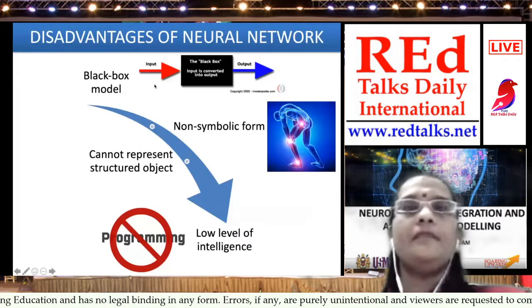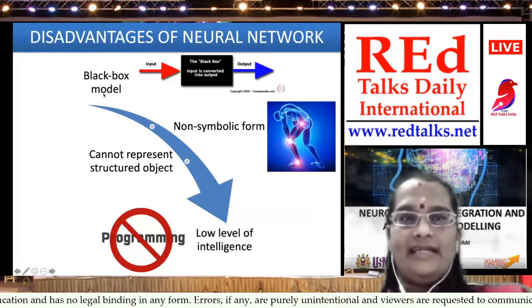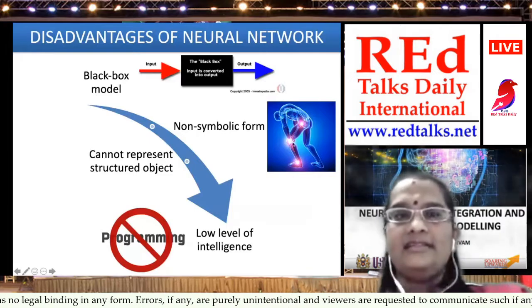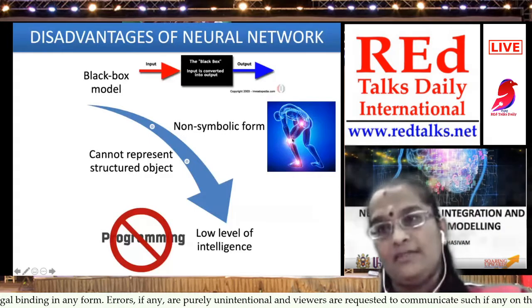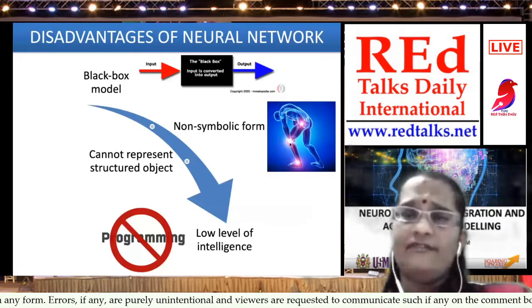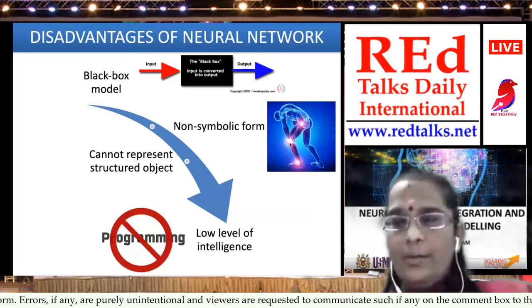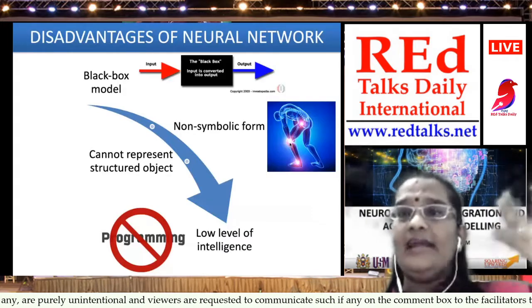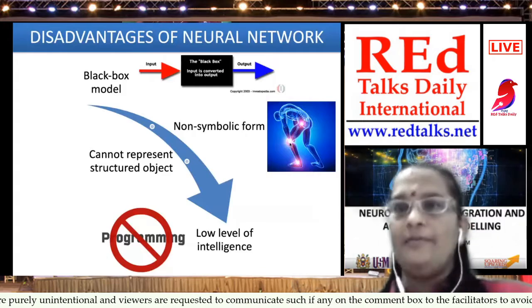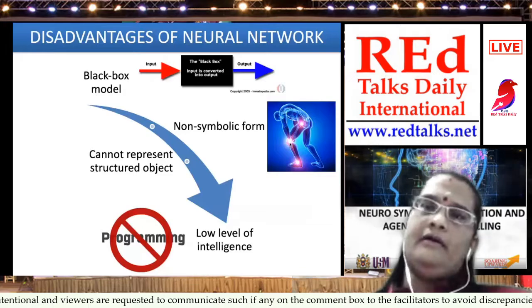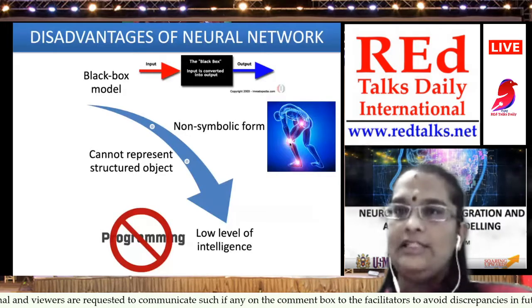Okay. However, as I said, the neural network has some disadvantages. The major one is that it is a black box model. For example, the knee jerk. I take my knee away, but I don't know why in my brain the reaction has been implemented. How does my brain know that this is the proper action for the knee jerk?